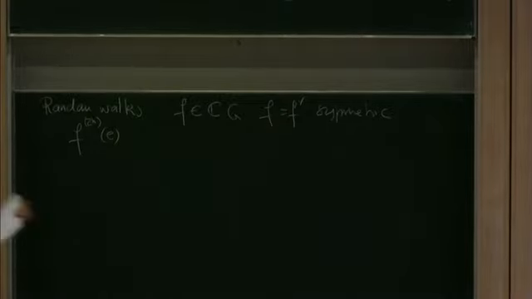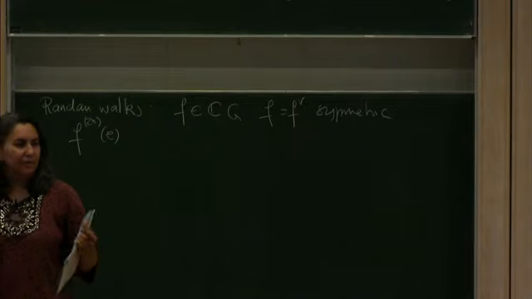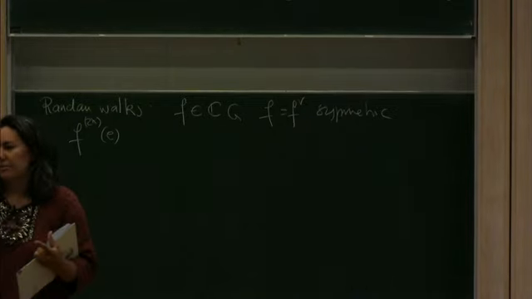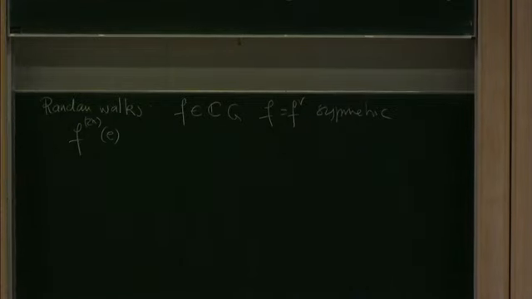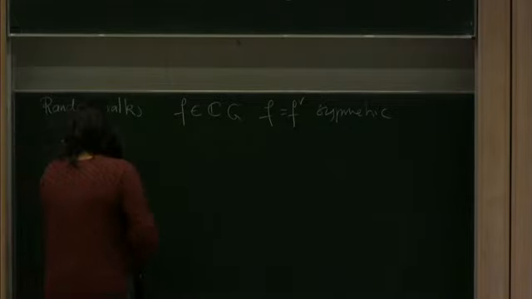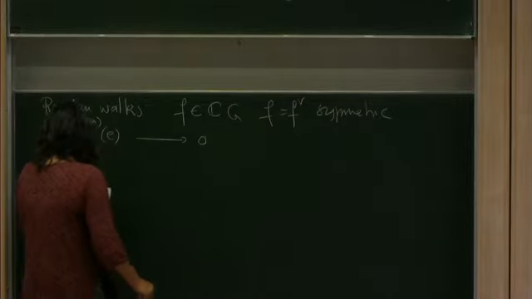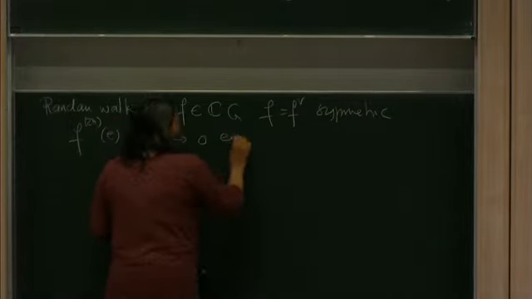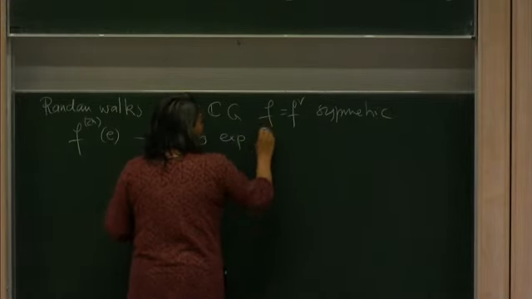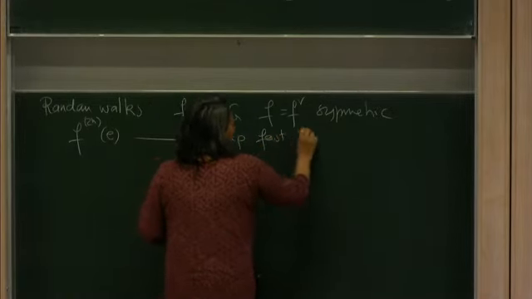For instance, think of the weighted characteristic function of a generating set. And this in fact tends to 0 exponentially fast if G is non-amenable.